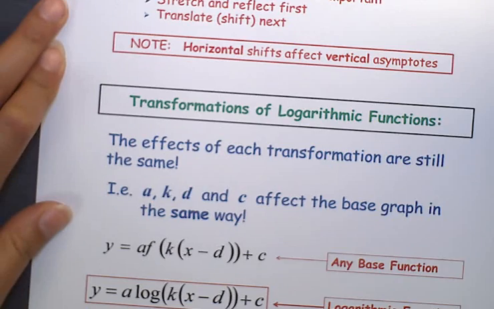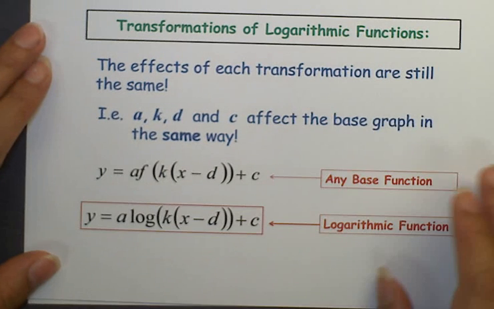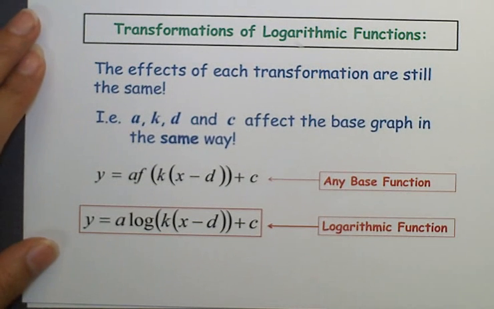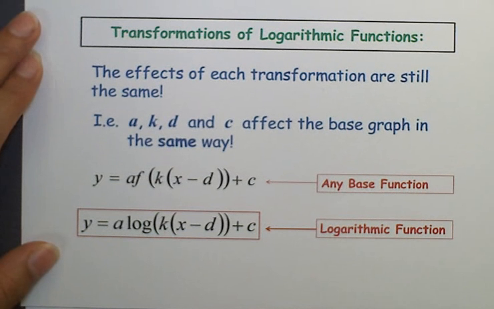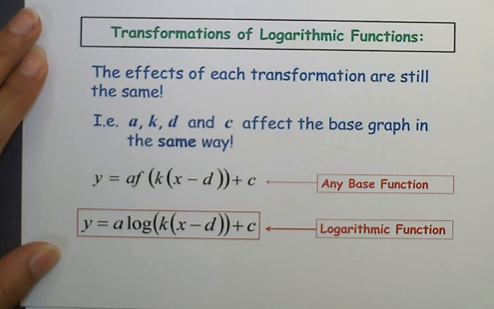Okay, so transformations of logarithmic functions. You'll note again that the effects of each transformation are still exactly the same. So in other words, the way A, K, and D, and C affect the base graph is exactly the same as any other function that we've looked at. Okay, so here's any base function.